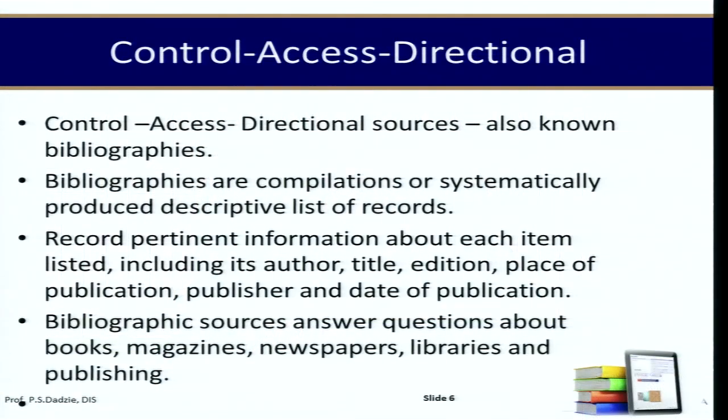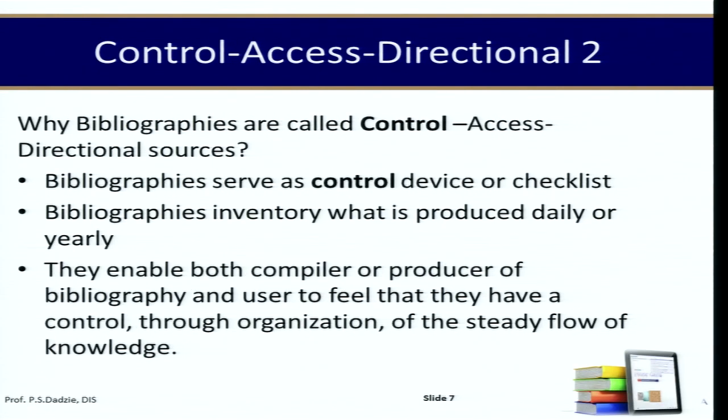Now, a bibliography answers questions about books, because we have books being listed, we have magazines, newspapers, CD-ROMs, libraries, and publishing houses being listed. So a bibliography is generally a list about materials such as books, magazines, newspapers, CD-ROMs, databases, and the like. Now, why are bibliographies called control access directional?